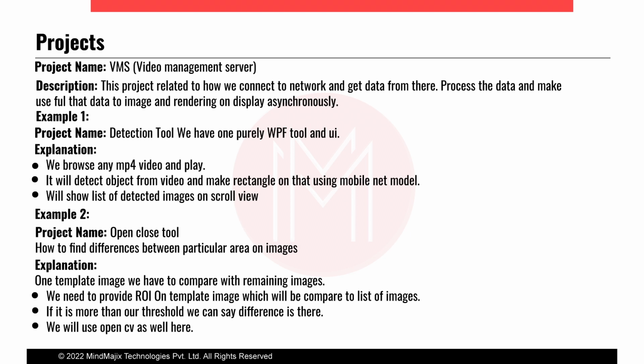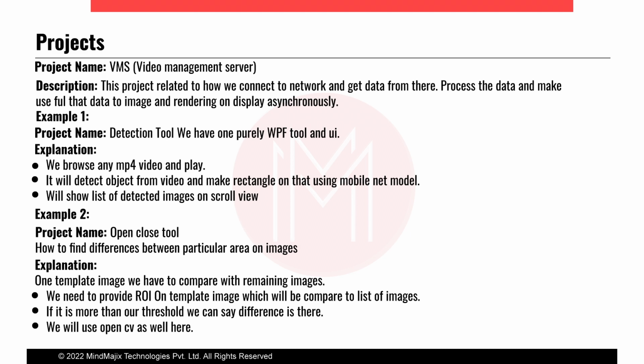We can create a rectangle or a polygon, anything, on the image through the mouse, or directly through points. This will be our template image, and we can browse a list of images from the system. The points which we created on the template image will be applied onto all the images and compared with the template image.